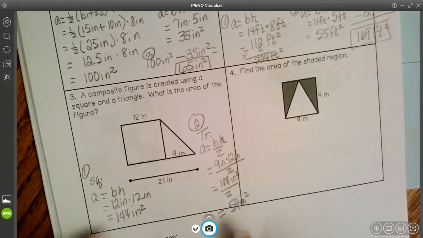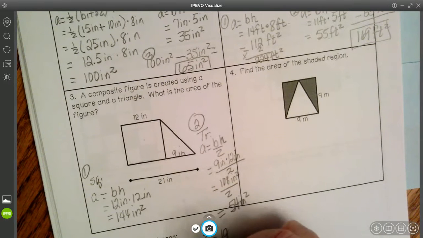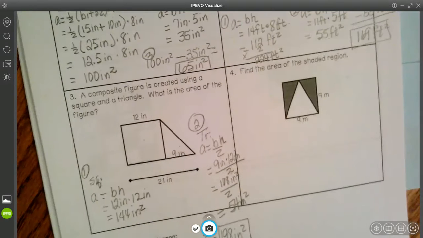Okay, so now we're going to add these two together. So we've got 144 inches squared, and this is step 3, plus 54 inches squared equals 198 inches squared. And there's our total for that one.